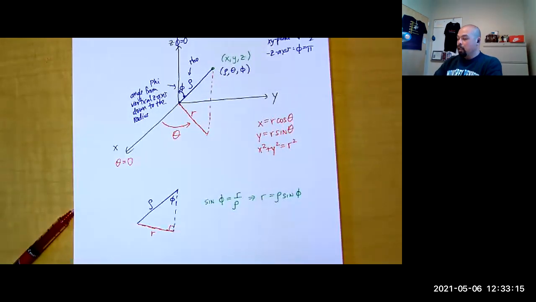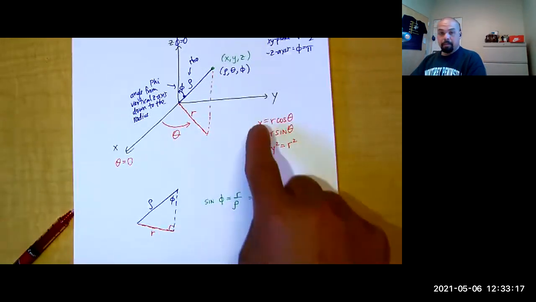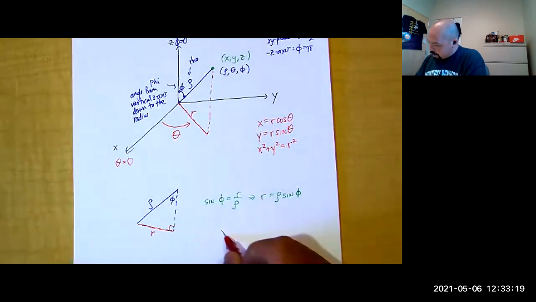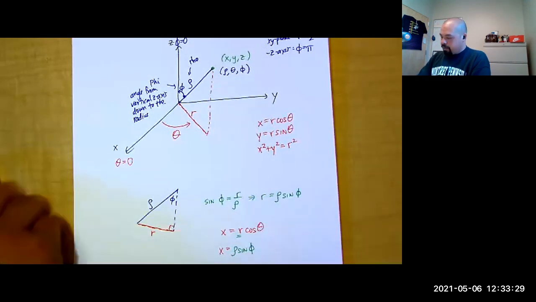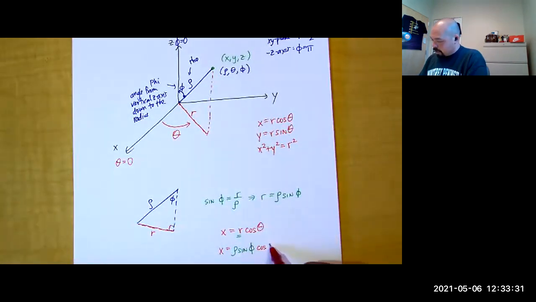So translating these components then, if x is equal to r cosine theta, then x is going to be equal to r, which is rho sine phi, times the cosine theta.